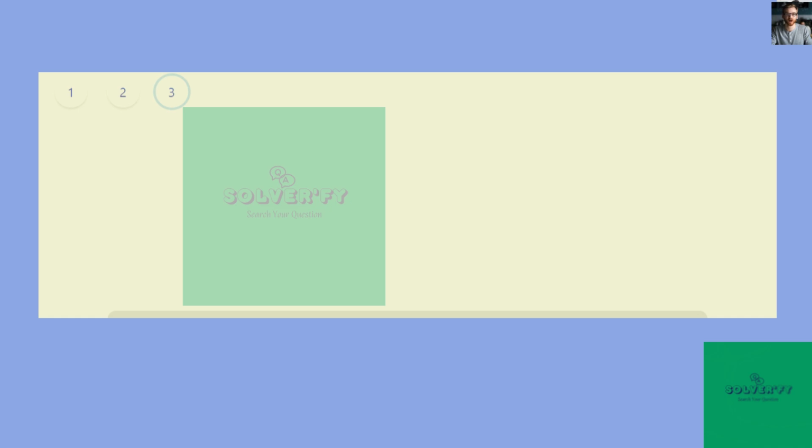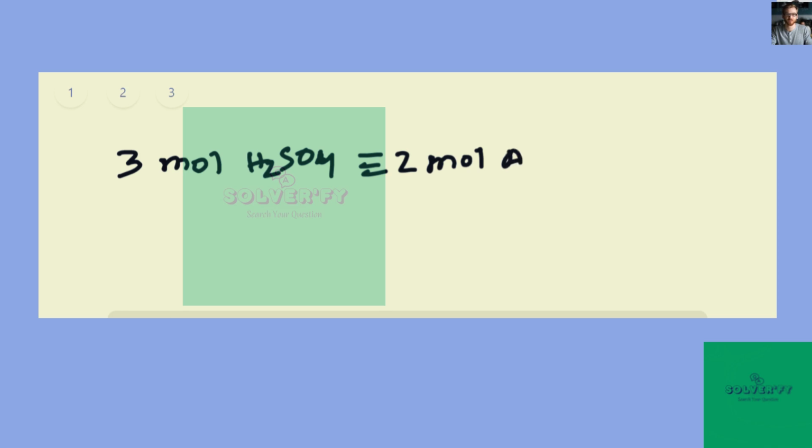So at first, 3 mole of H2SO4 will react with, not 1 mole, 2 mole of aluminum hydroxide.